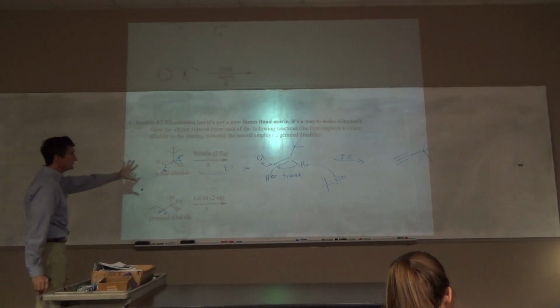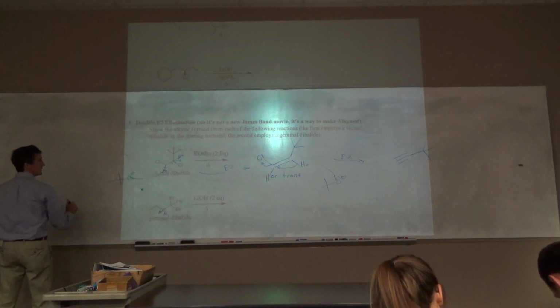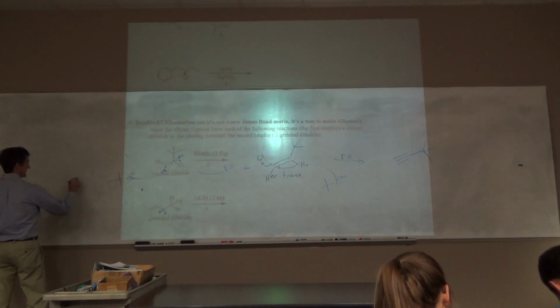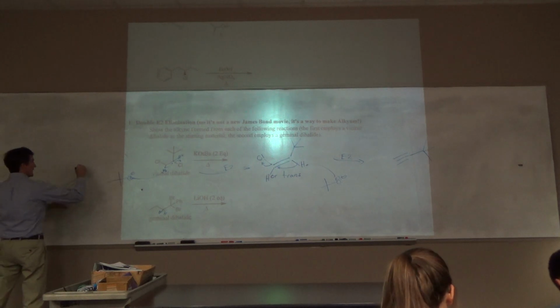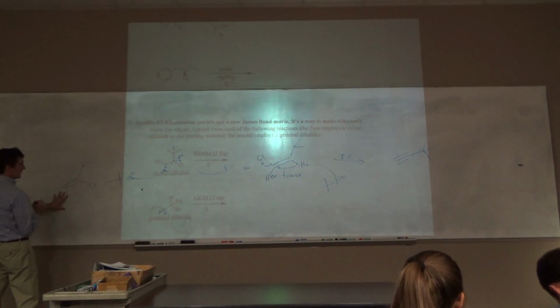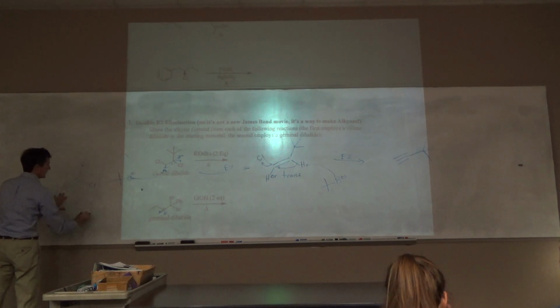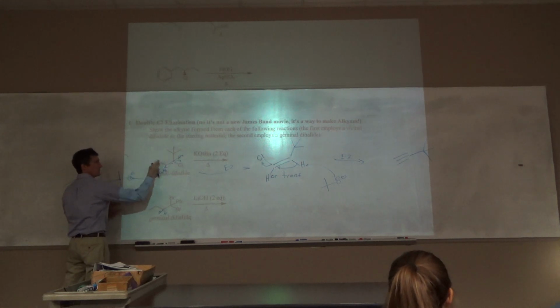There's some decision on which to remove first. If we had removed HA first, the intermediate would have been T-butyl here and chlorine here, because we would have removed H in this chlorine, double bond.